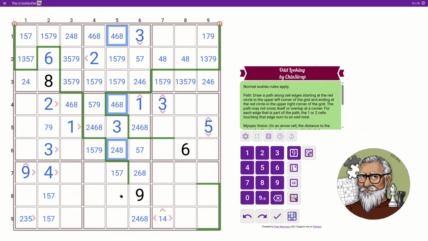Hmm. You need to continue somehow, right? That's not two. Small wins, hopefully. That's the 8. It's 2 or 4.